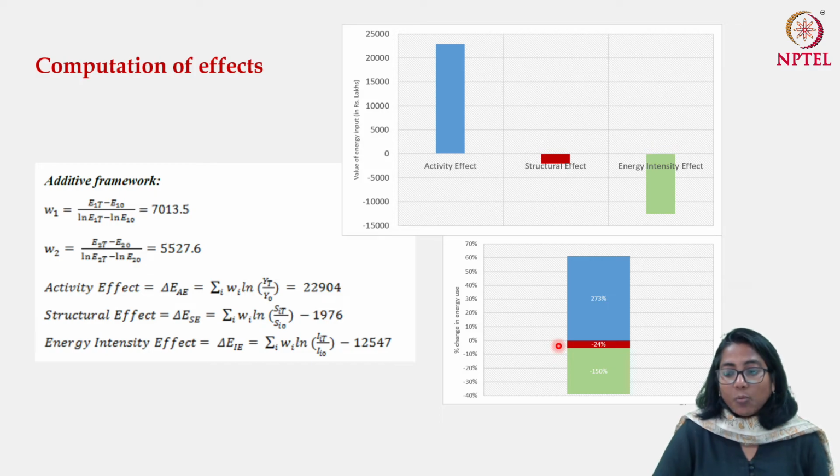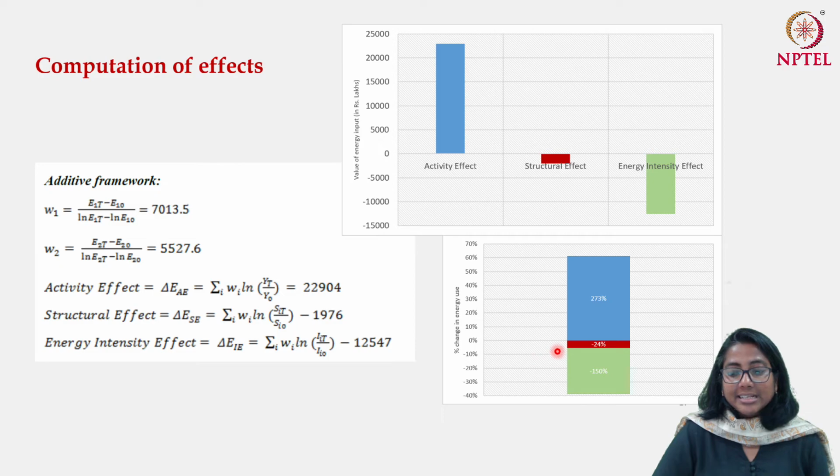So basically, what is the structural effect and the energy intensity effect doing? They are trying to pull your energy demand down, while the activity effect is trying to push your energy demand up. Now, what is the relative effect of these three sources is finally going to determine what is happening to your final energy demand. So here you see, as a pull factor, the structural effect is contributing, but it's not contributing greatly. It's a small amount of contribution.